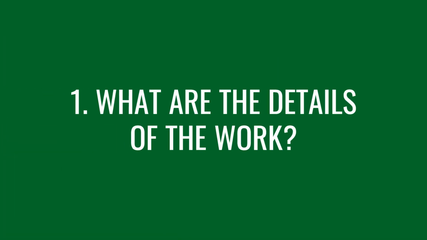Number 1, what are the details of the work that needs to be done? Start with the highest level objectives and work your way down to more granular requirements. The most significant aspect of this is to make sure that you identify the most significant outcome, or what I like to call the one thing.